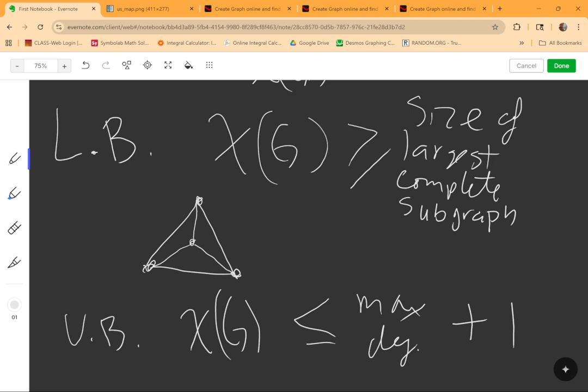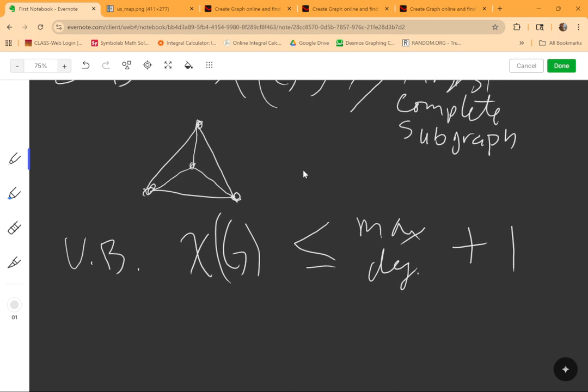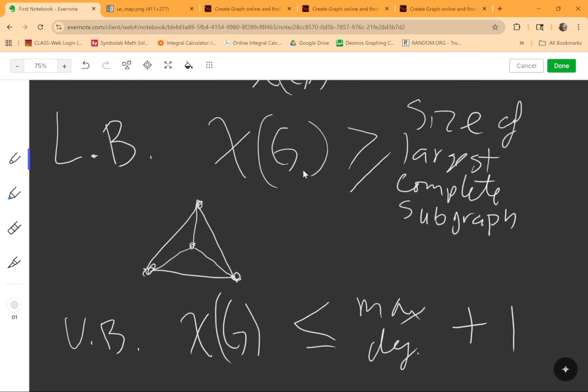This is a bit of a loose bound, and we aim to have a better upper bound. That's what we'll focus on next. In our next video, we'll look at something called the four-color theorem and Brooks's theorem to determine chromatic numbers. But here we just get a general idea of what we're looking at.